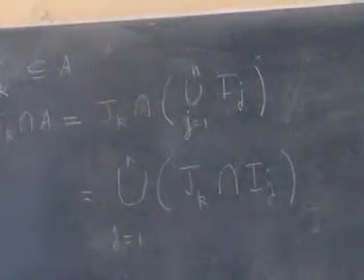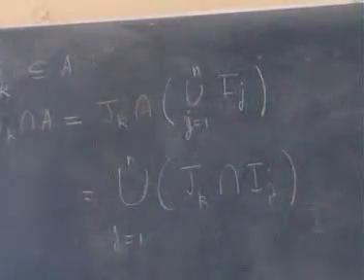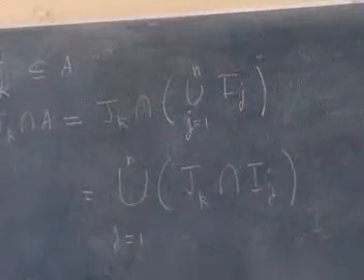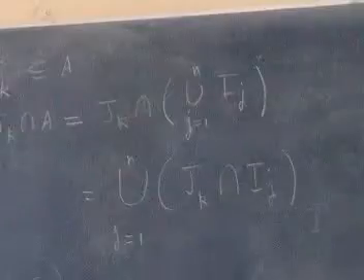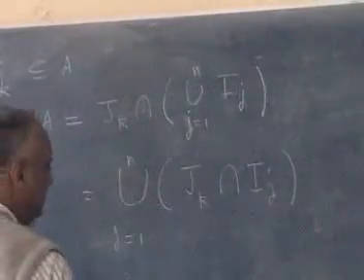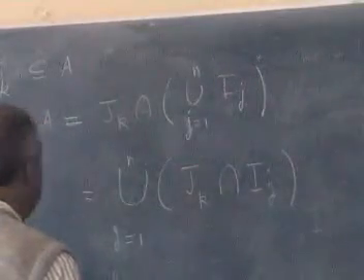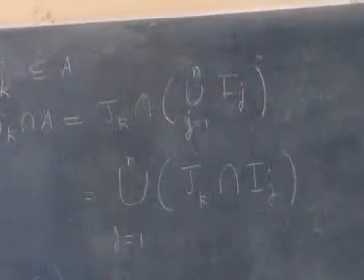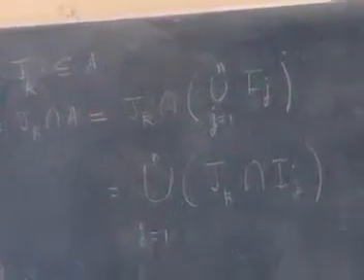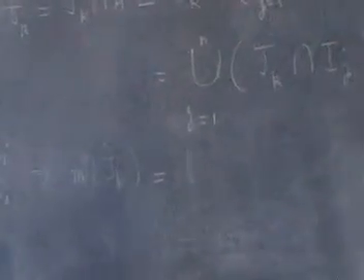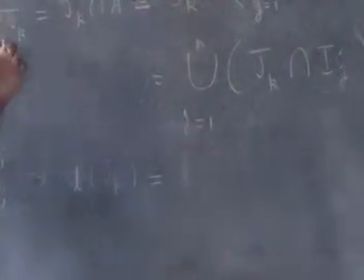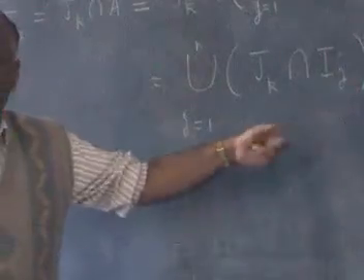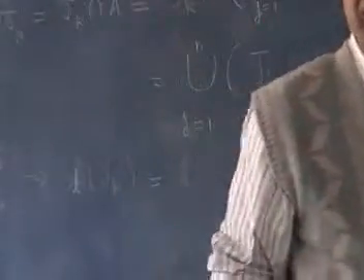Now therefore, L of Jk is a finite union of disjoint intervals, and length is finitely additive.